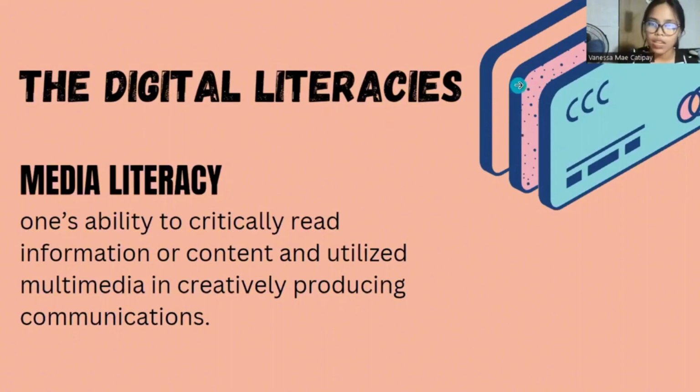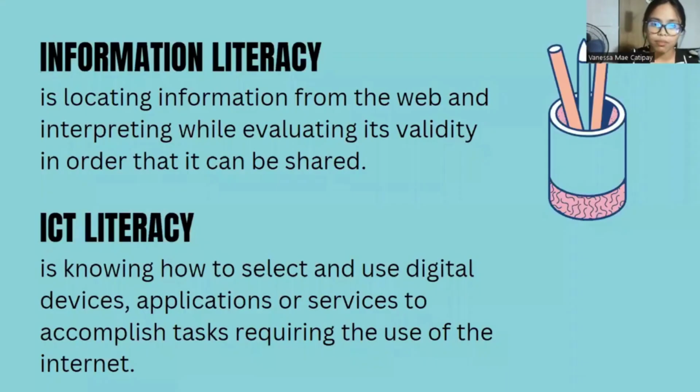The next one is information literacy. It is locating information from the web and interpreting it while evaluating its validity so that it can be shared. It is the ability to articulate one's information need, like the ability to identify, locate, and access the appropriate sources. The next one is ICT literacy.